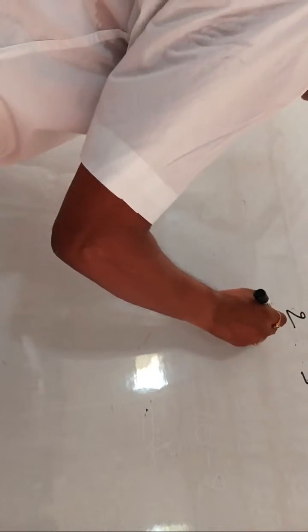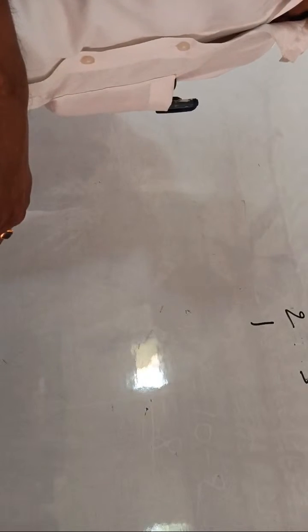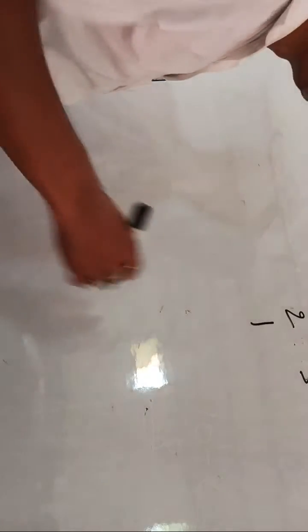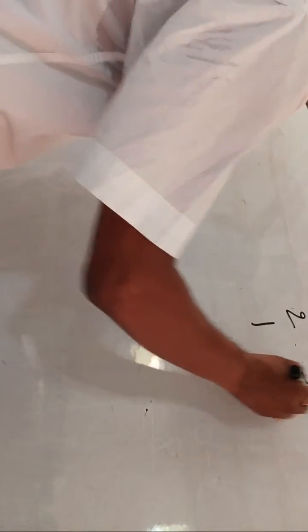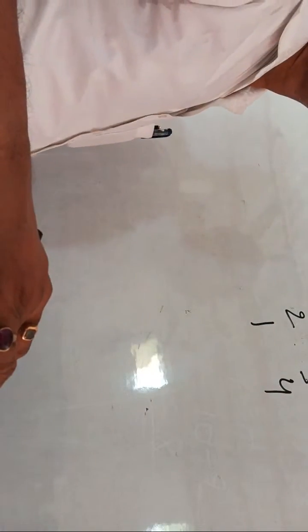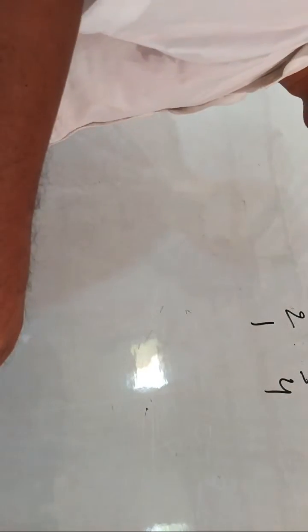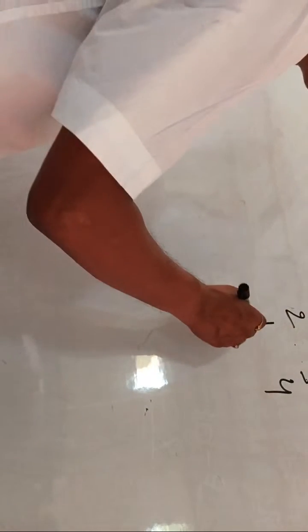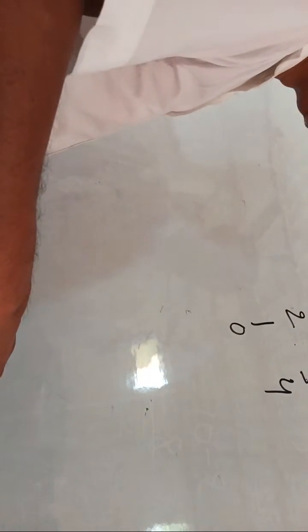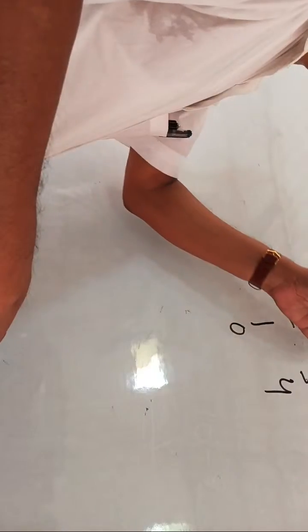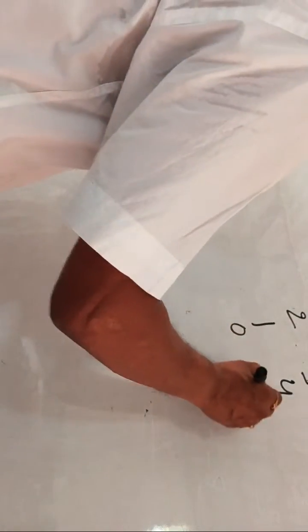If the value of x is 1, then what should be the value of y? The value of y will be 4. 1 plus 4 is 5. There are other cases possible. Suppose you take the value of x to be 0, then what will be the value of y? The value of y will be 5. 0 plus 5 is 5.